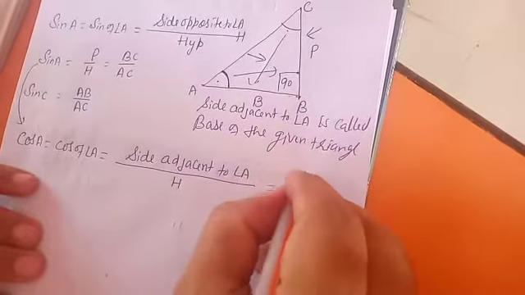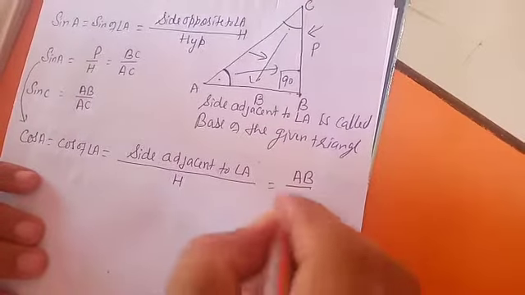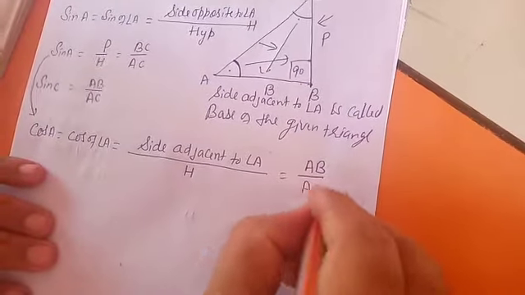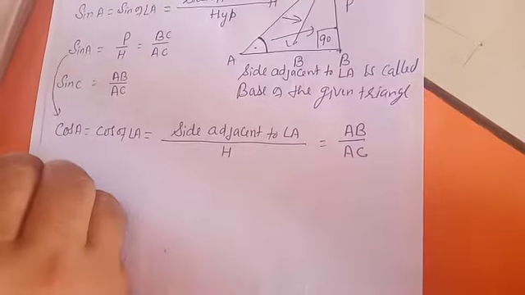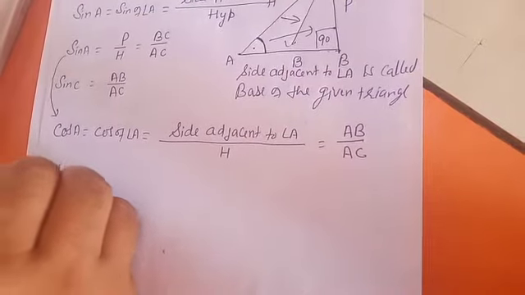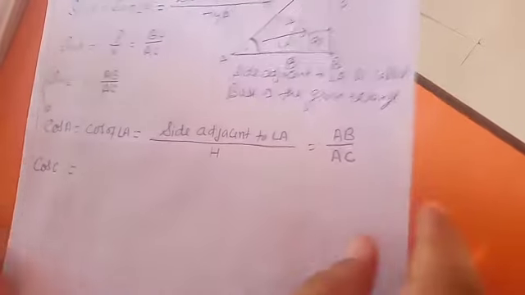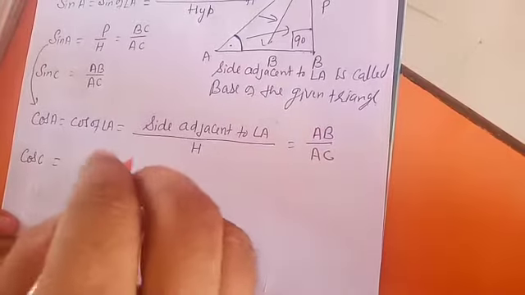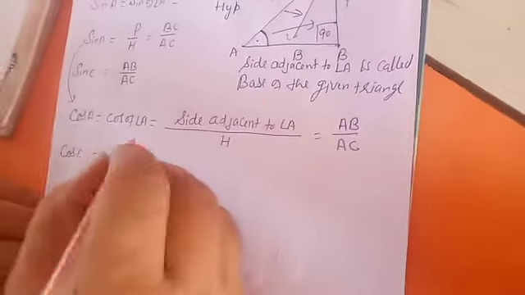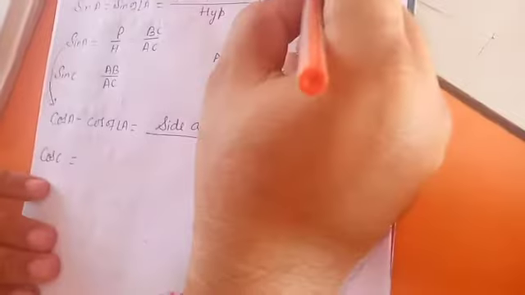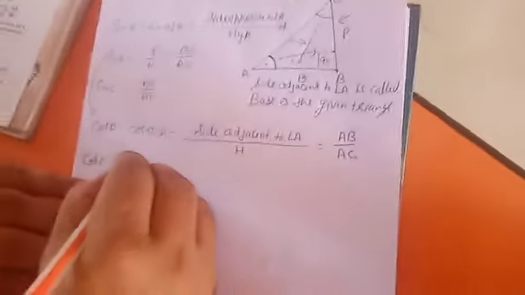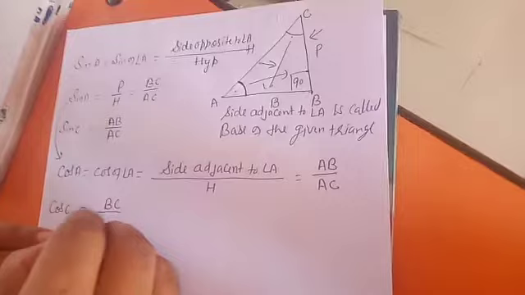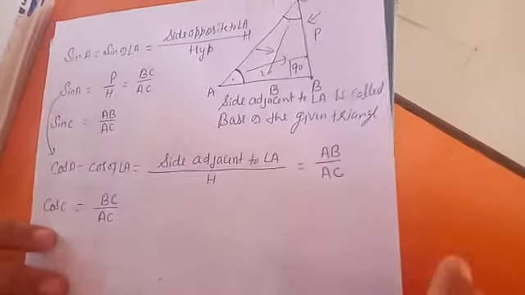Which side is this? AB by AC. Cos of C, what is cos of C? It means side adjacent to C, BC by AC.